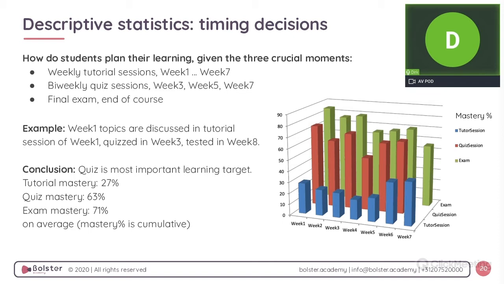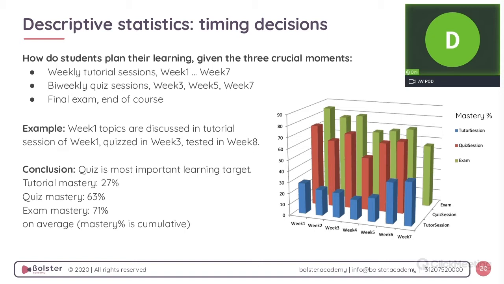Now, if we are looking at those timing issues and how students work in the learning environment, we see that most learning, or most practicing in fact, takes place in the second phase. So the blue, the red, and the green are indicating how much students practice. Those are cumulative.